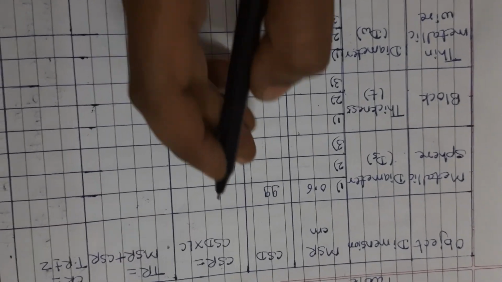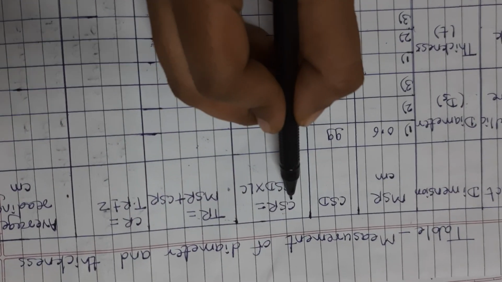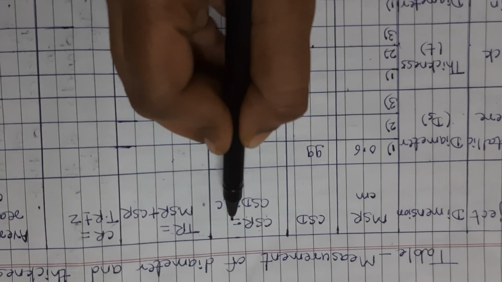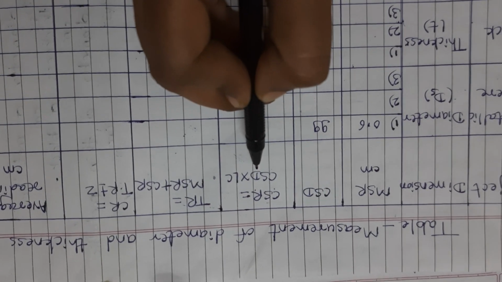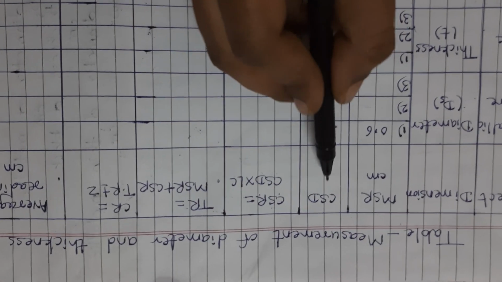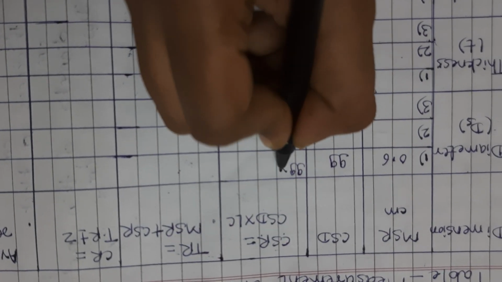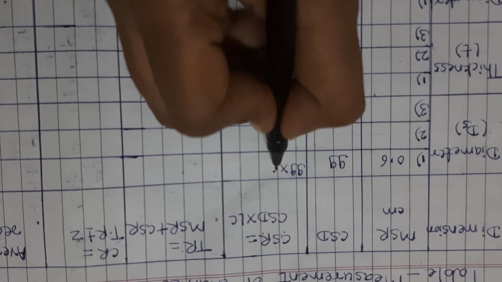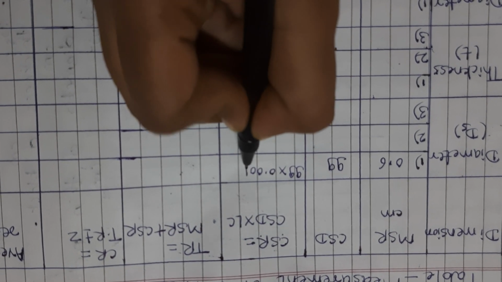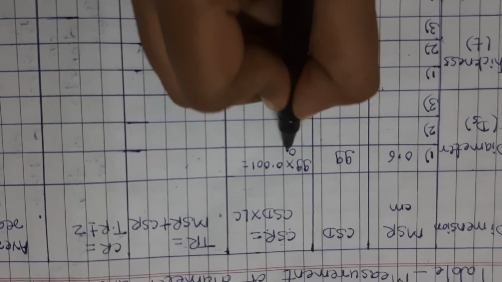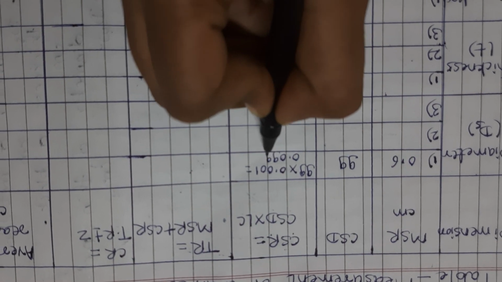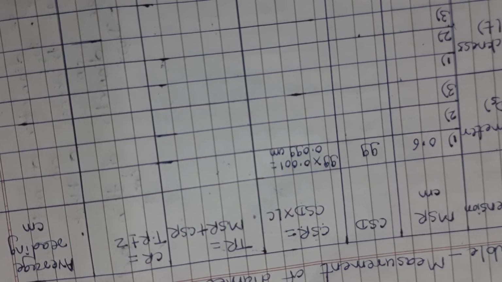Then we make calculations. Circular scale reading equals circular scale division into least count, and here circular scale division is 99. Therefore 99 into least count, 0.001, we get 0.099 centimeter.